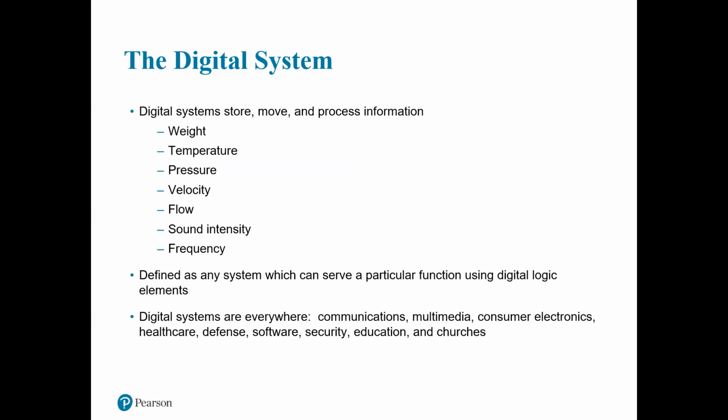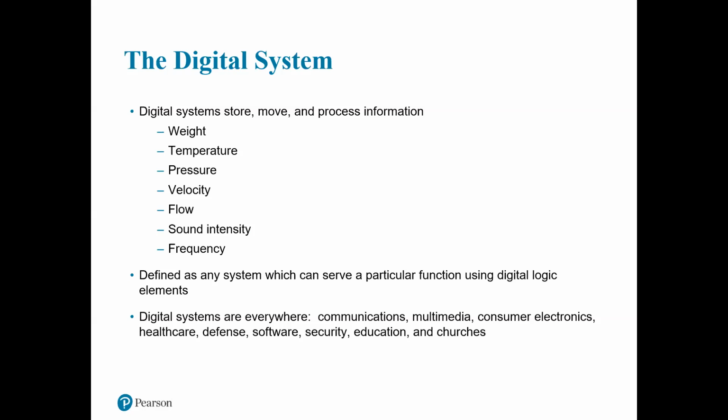Okay, digital systems are everywhere. We are all very familiar with digital systems. They store, move, and process information, such as weight, temperature, pressure, velocity, flow, sound intensity, frequency. The list goes on and on and on. A digital system is defined as any system which can serve a particular function using digital logic elements.